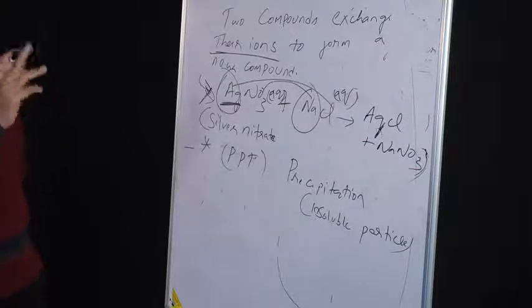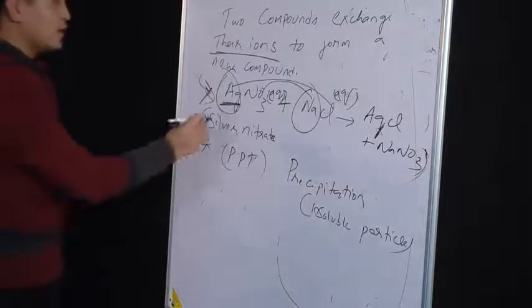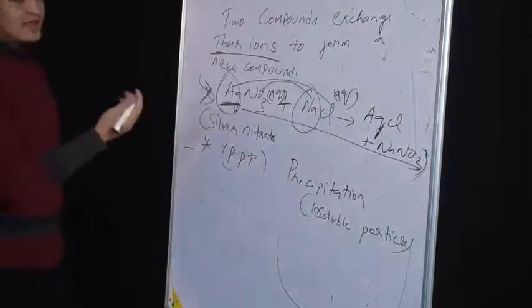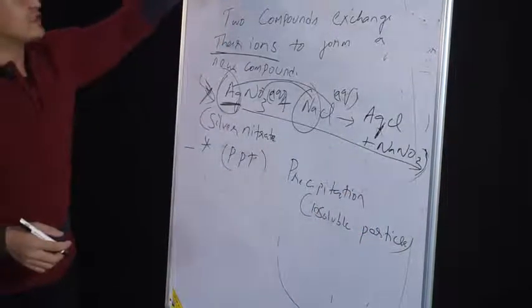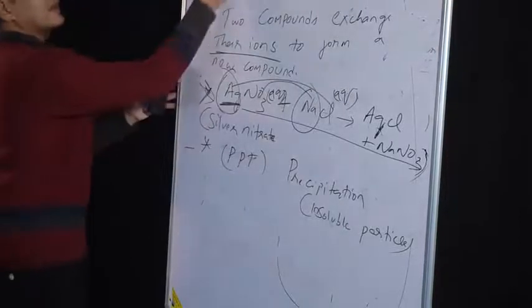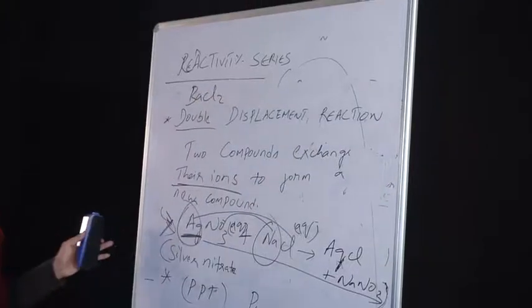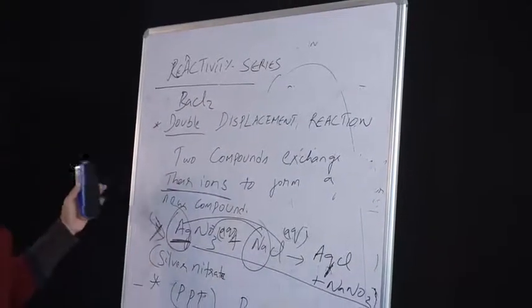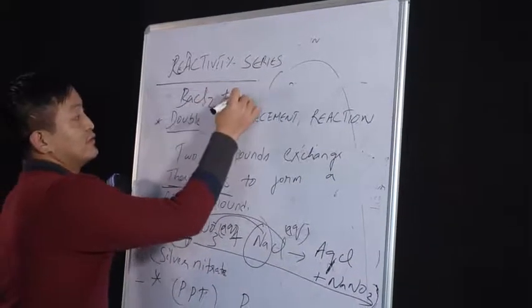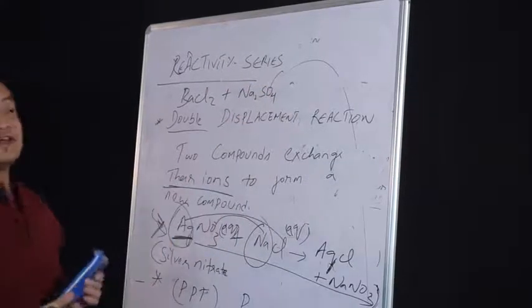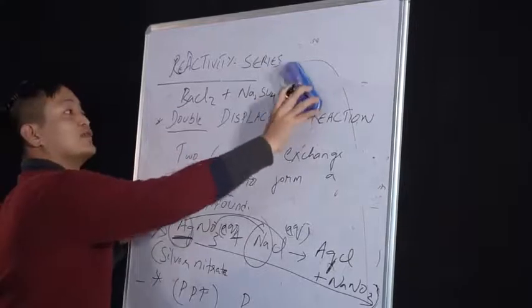Clear? Involving water. Now, the second example I'll give you for this double displacement reaction: let's take barium chloride, BaCl2, reacts with sodium sulfate, Na2SO4.